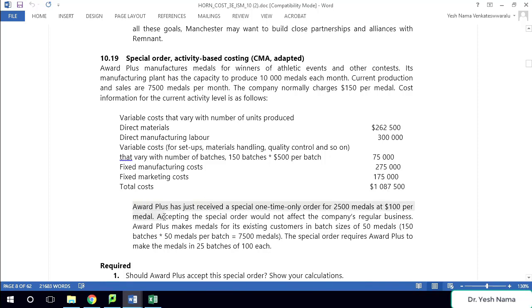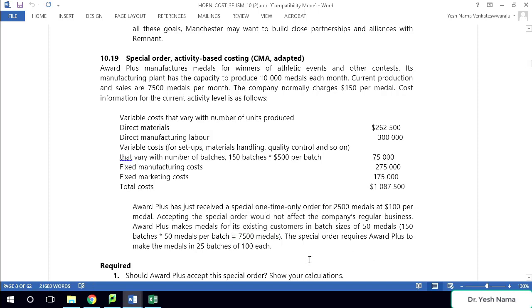Award Plus has just received a one-time only order for 2,500 medals at $100 per medal. Accepting the special order would not affect the company's regular business. Award Plus makes medals for its existing customers in batch sizes of 50 medals. 150 batches times 50 medals per batch gives us 7,500 medals.